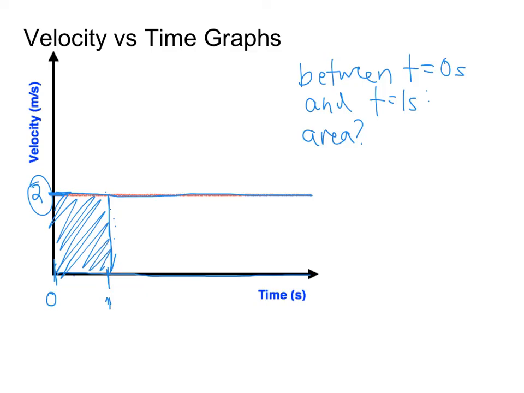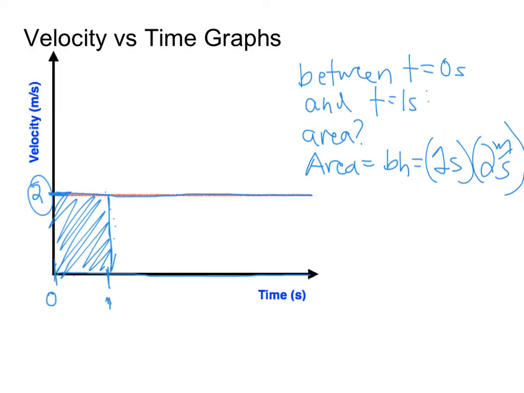So what we would just find is that area is equal to base times height, which gives us 1 second times 2 meters per second. Multiplying this out real quick, we see that the seconds cancel out and we're left with 2 meters.